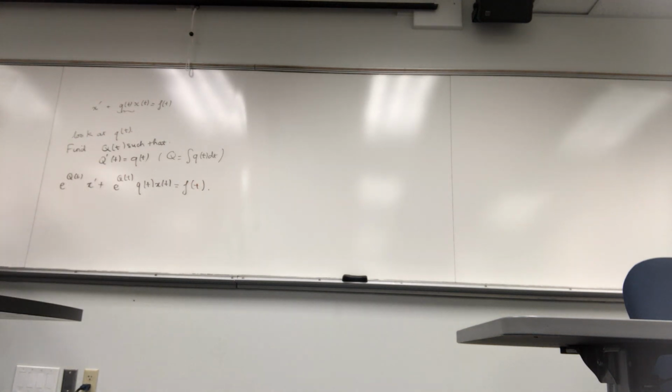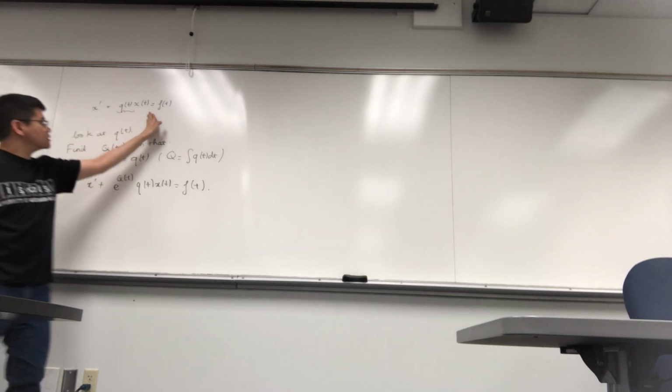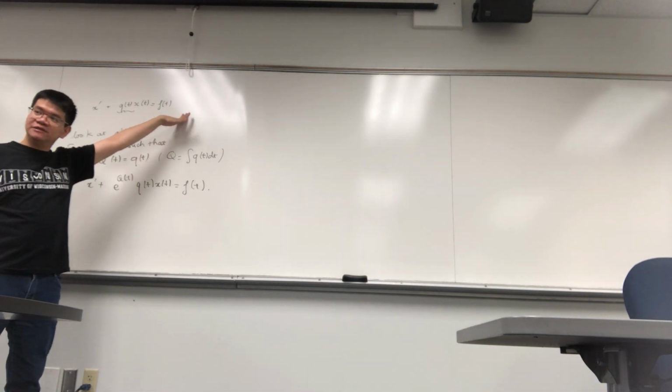Let me explain the method again. Suppose that you want to solve a linear differential equation which is not homogeneous. In other words, on the right hand side, f can be non-zero.